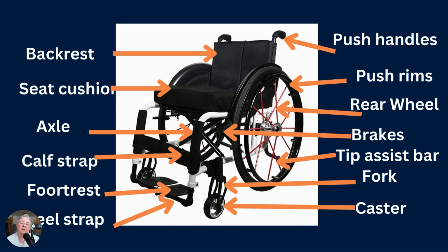Then the fork. Now, in manual wheelchairs, there are a lot of different types of forks. This one is a regular fork, it looks like. So there are a lot of different types and models of forks.